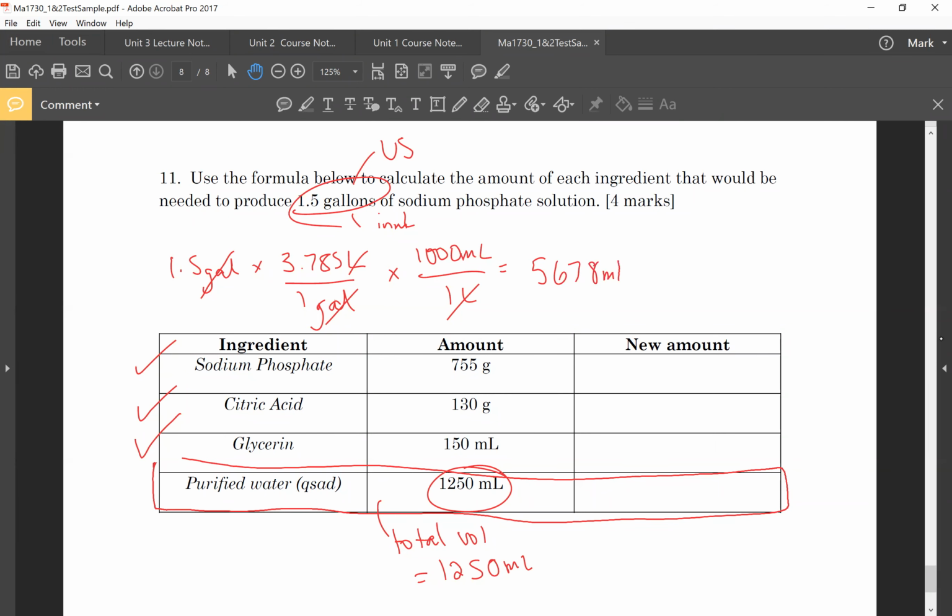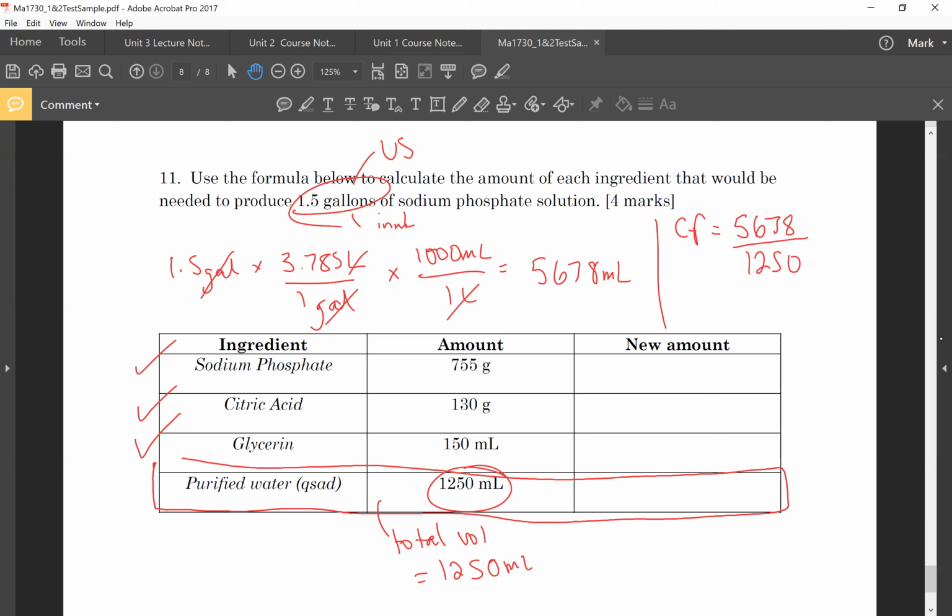So I would get my answer as 5,678 milliliters. Now, I need to figure out my conversion factor, meaning how much I am going to change this recipe by. The conversion factor is the number in your recipe over the original amount in your recipe.